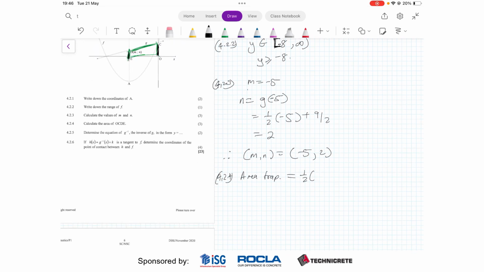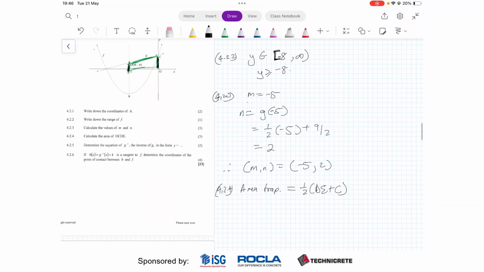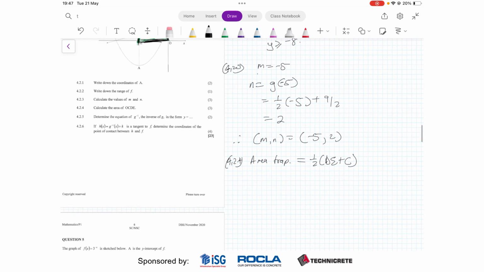So that's going to be DE plus OC, multiplied by the base of the trapezium, which is OE in this case.